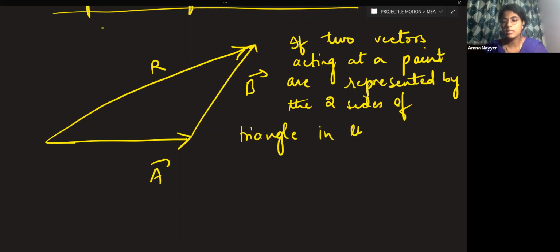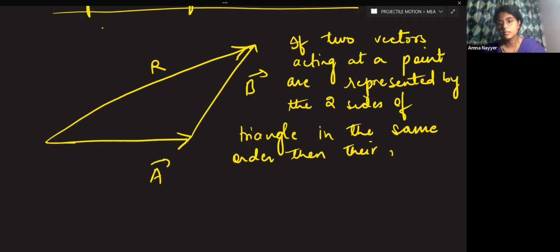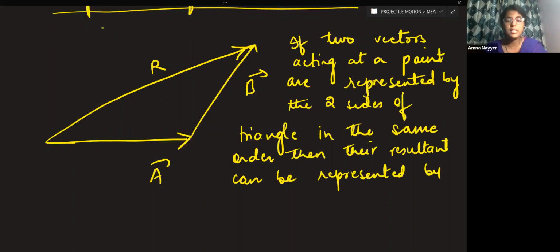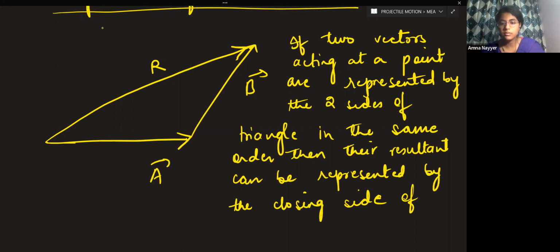So in the same order, then their resultant can be represented by the closing side of the triangle, taken in opposite order.